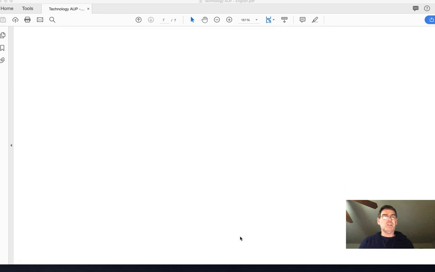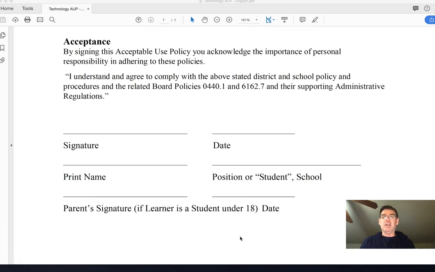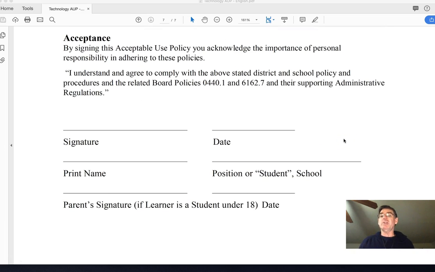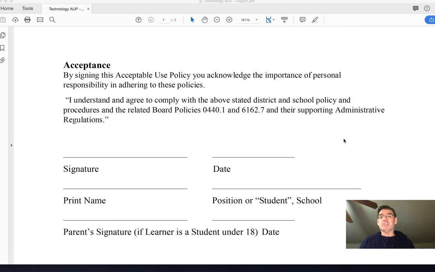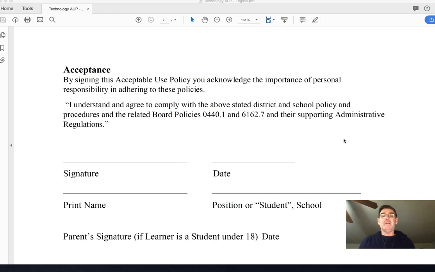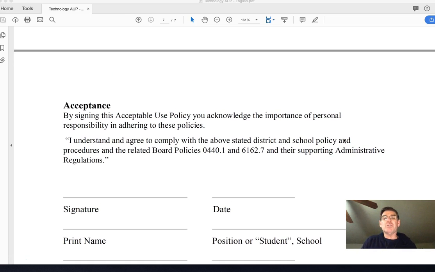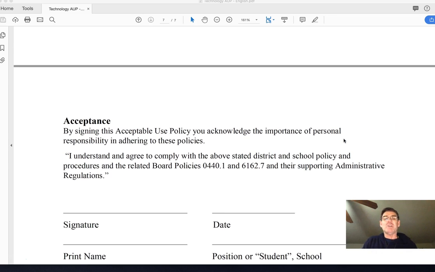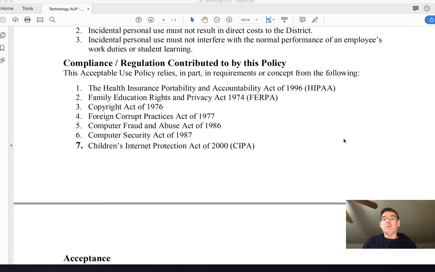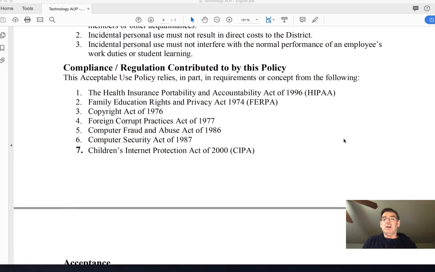Even on your emergency card, there's an additional area that says that you have agreed to the AUP, or acceptable use policy, and so you need to make sure that you know that this is a legal document, that you've agreed to it, that it's important, and it's important for your protections, and if you follow these things, then you'll have a good academic career at Fresno Unified.